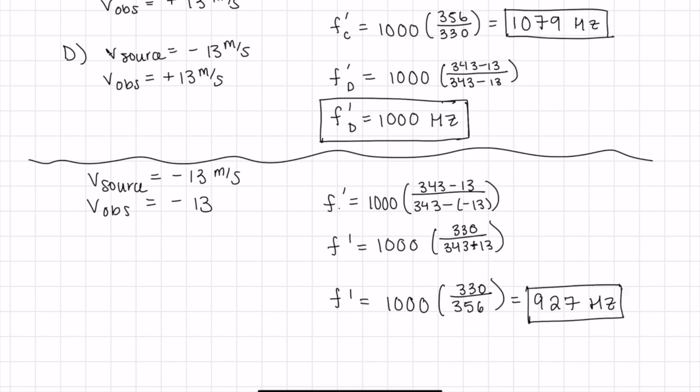And in that case, both things are moving away from each other. And so if you're moving away, we would expect our frequency prime to be lower than our original. So that all tracks.